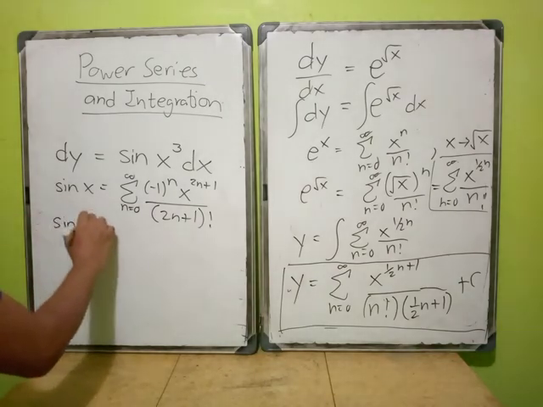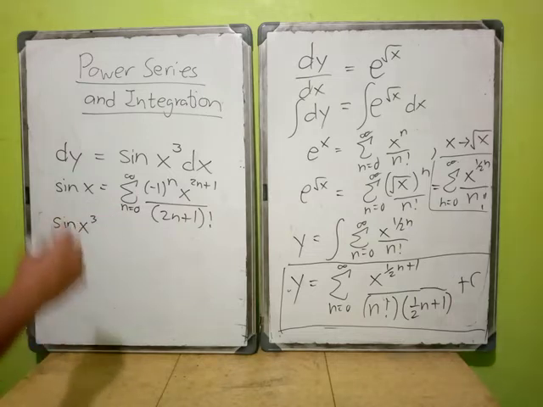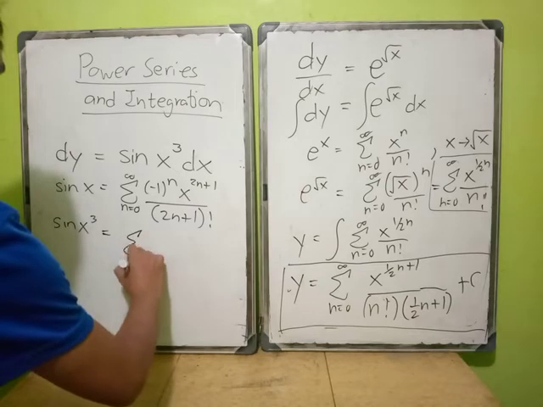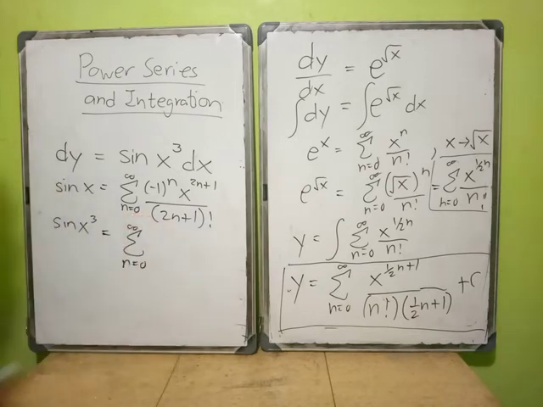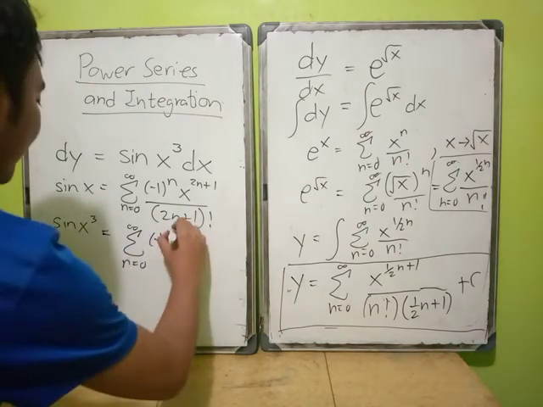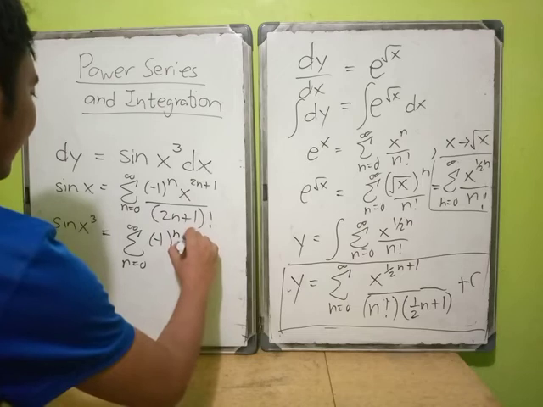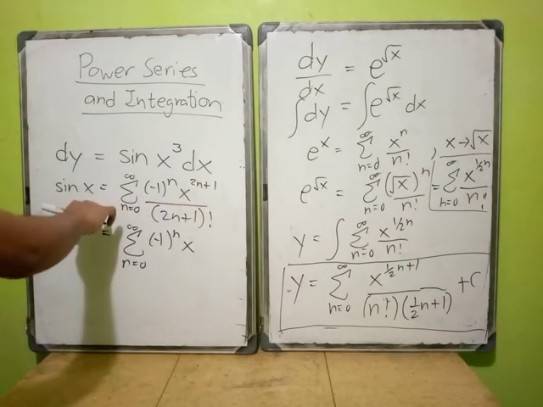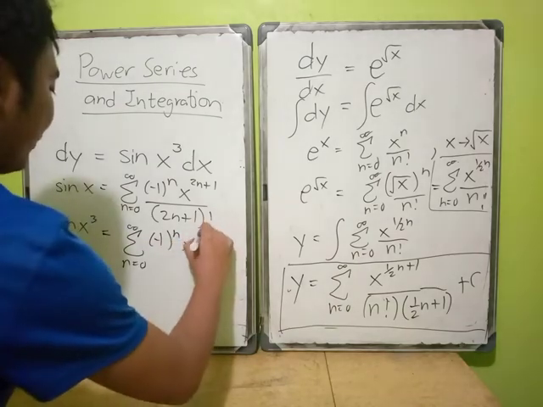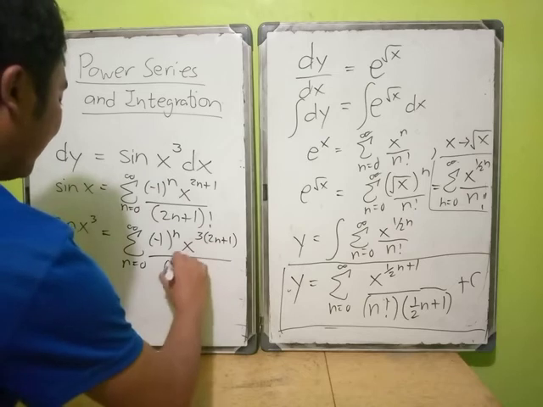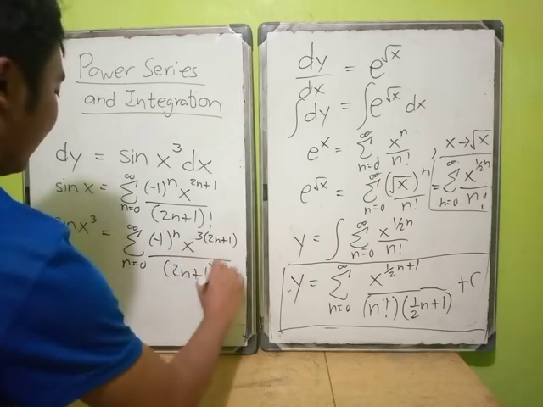Therefore, for sine of x cubed, we replace x by x cubed, so it is equivalent to the sum from n equals 0 to infinity of negative 1 to the power of n, x to the power of 3 times 2n plus 1, over 2n plus 1 factorial.